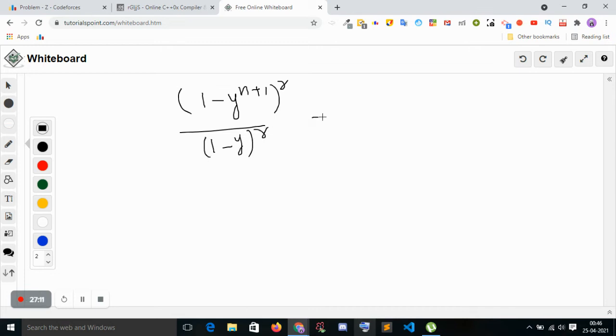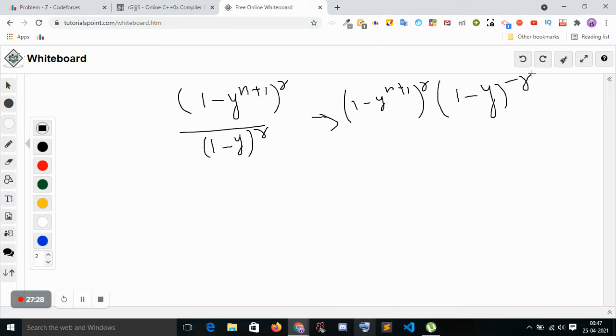When you solve this problem, it is 1 minus y to the power n plus 1, to the power r, and 1 minus y to the power minus r.